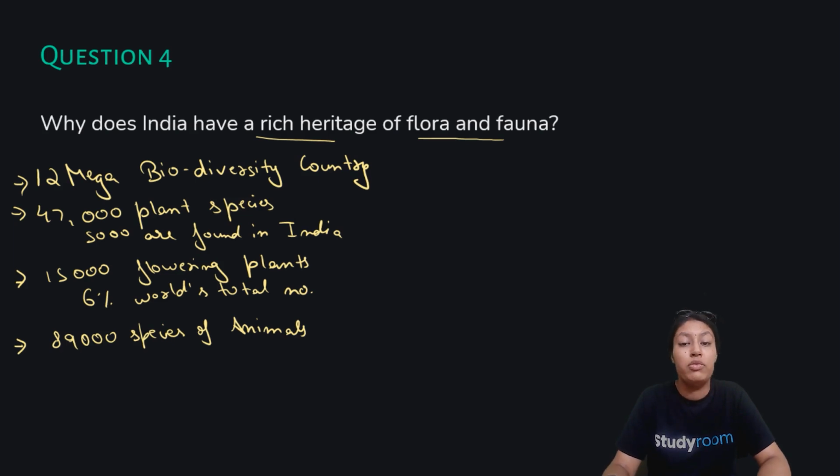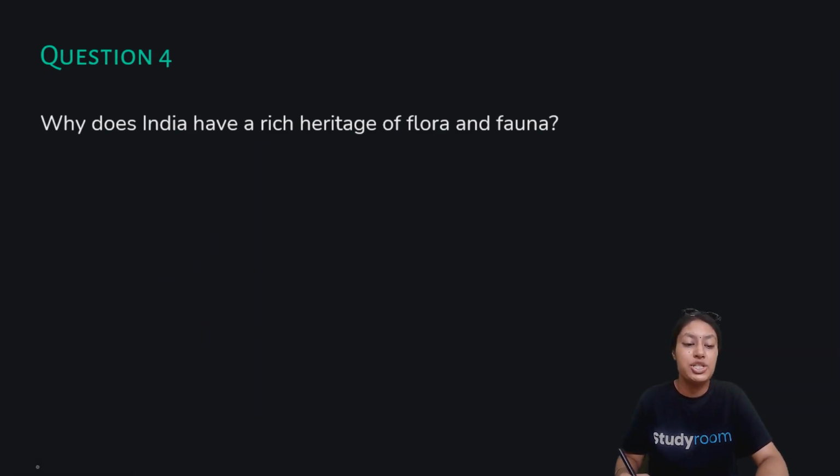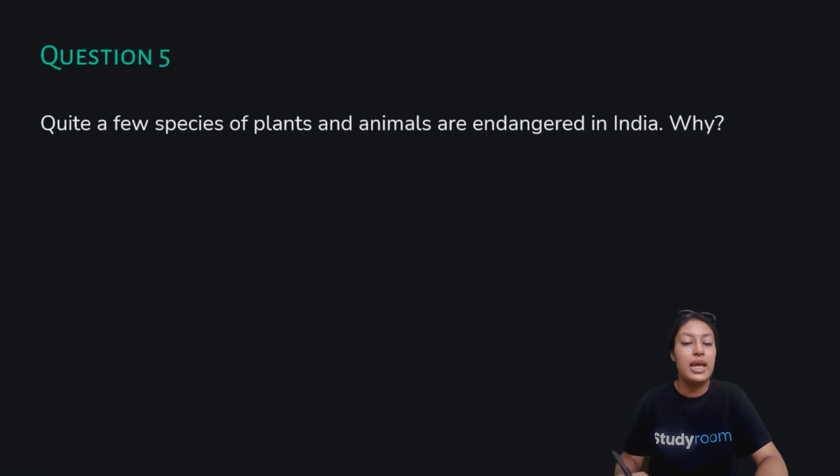There are 15,000 flowering plants in India, which is 6% of the world's total. 89,000 species of animals, meaning fauna, are found here as well. So yes, we do have a rich heritage in flora and fauna.